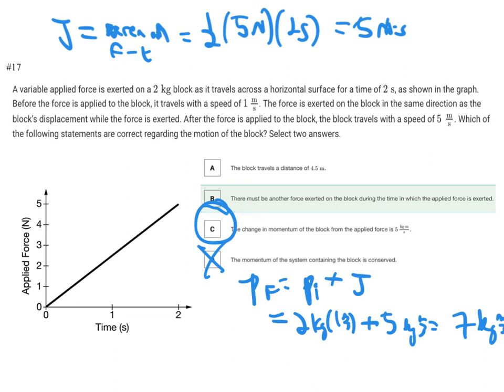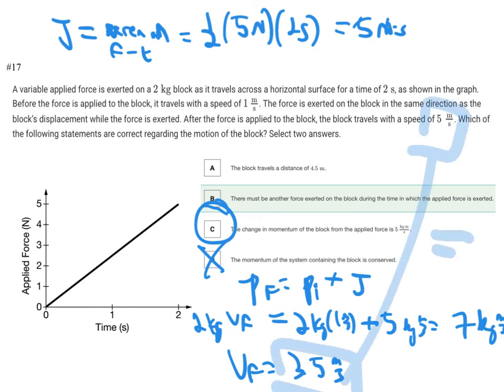And then that would be 2 kilograms times the final velocity, giving us a final velocity of 3.5 meters per second. But in fact, this is not equal to that. So there must have been some other source of impulse that I haven't included here, which means that this must not be the only force acting. So there we go.